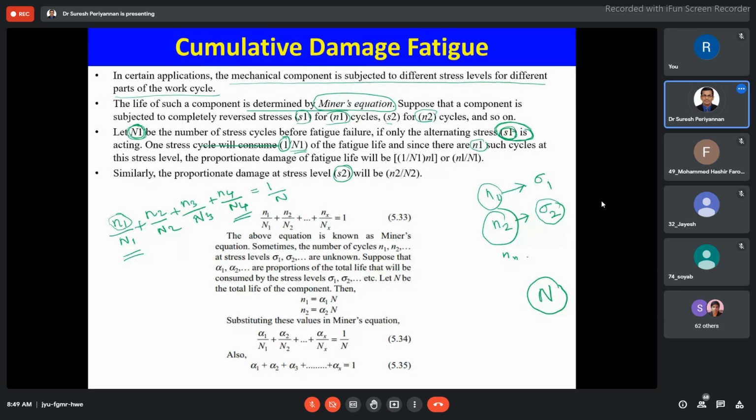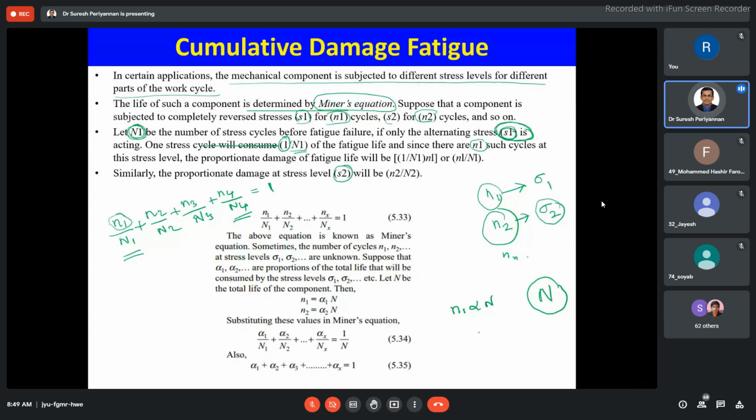Then I can write that n1 is proportional to capital N. Sorry, a small mistake here; during the problem we will discuss this. So n1 is proportional to N.